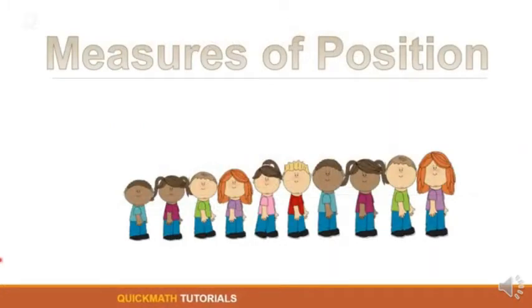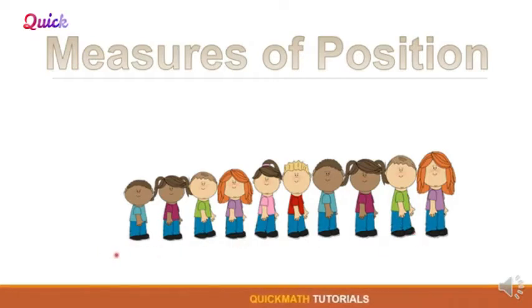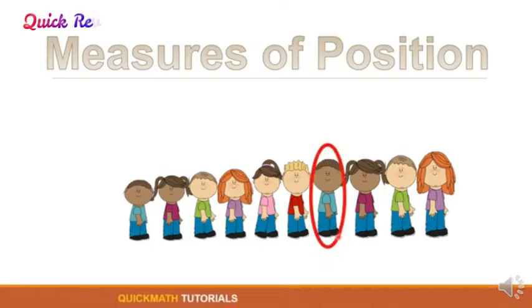When we say measures of position, one example is, suppose there are 10 students forming a line in ascending order from left to right. If you are the fourth tallest student, so this is you, therefore, there are 6 students shorter than you.